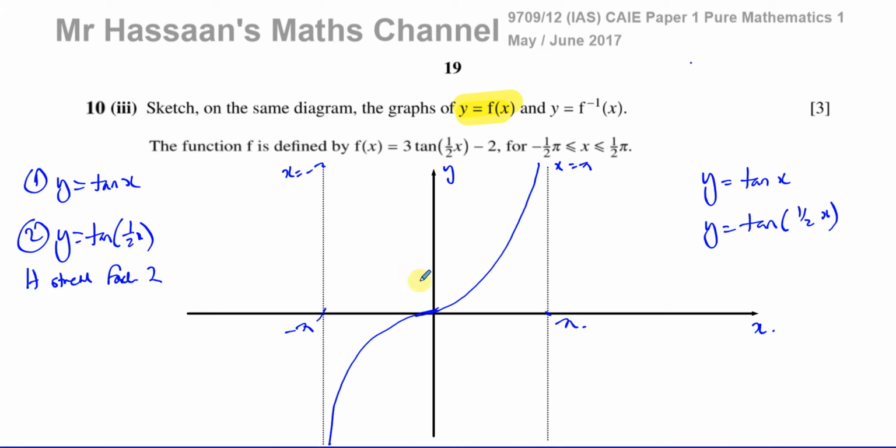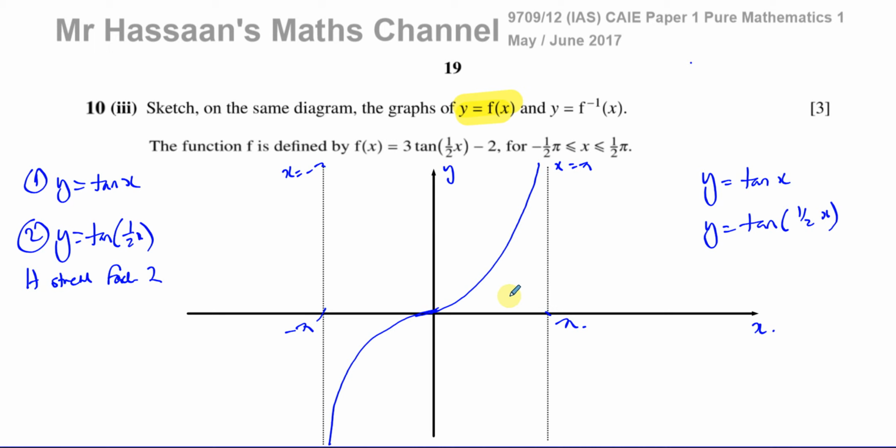So I've kind of stretched the axis rather than the graph, just for ease's sake. In the end, we have to have everything in the right place. It's fine to do that, no problem. It's not to any scale that we're drawing it.